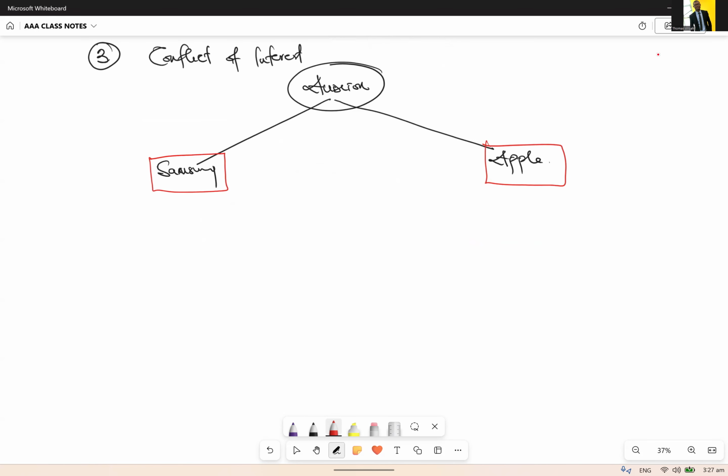Now, what are the safeguards you are supposed to adopt in this particular scenario? If you are the auditor, you must be able to assess the potential conflict of interest. So your job is to identify and assess potential conflict. Now, if these conflicts are huge, other things you can do is to use separate engagement teams.